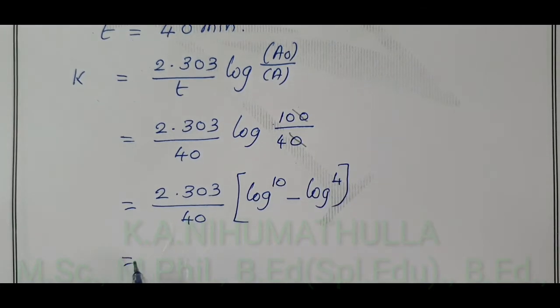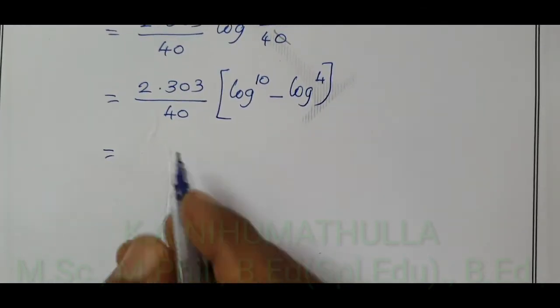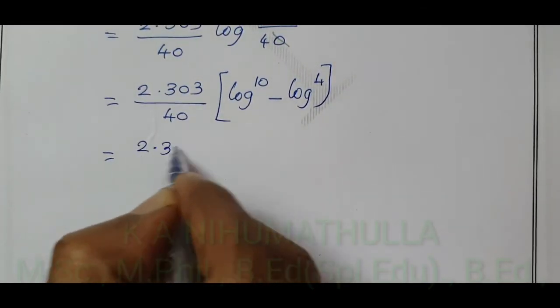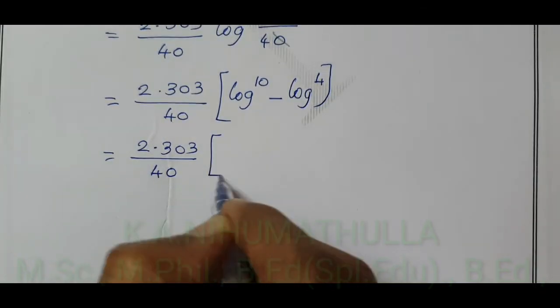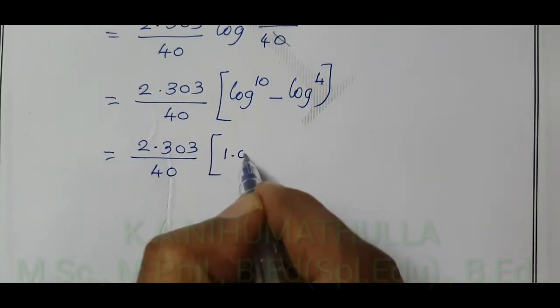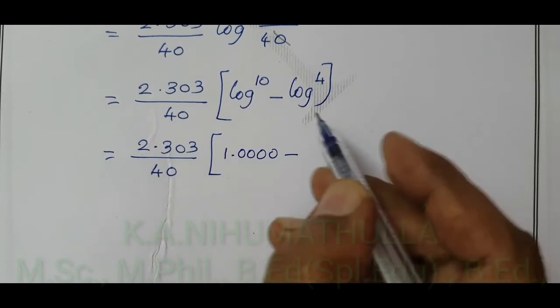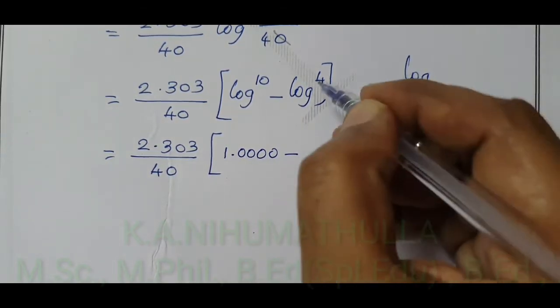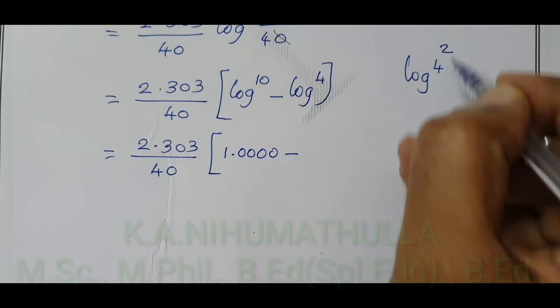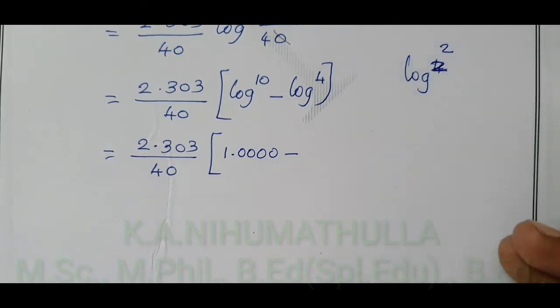That is equal to 2.303 divided by 40 into log 10, which is 1.0000, minus the log 4 value. We know log 4 can also be written as log 2 power 2.